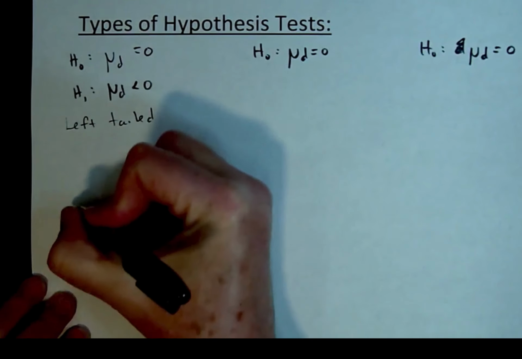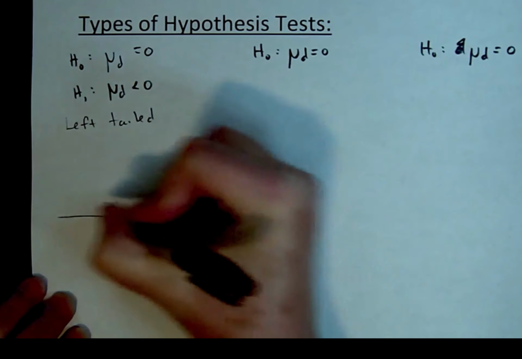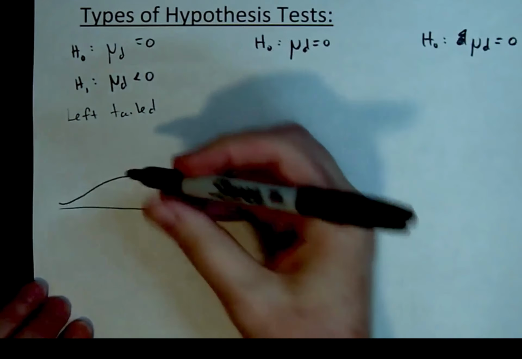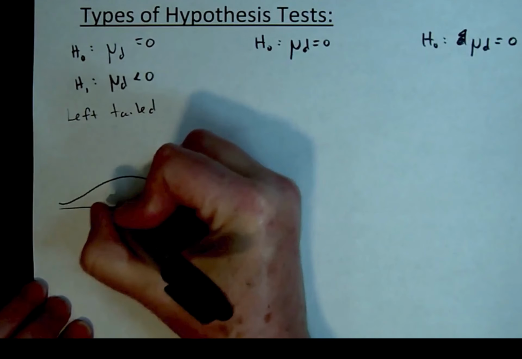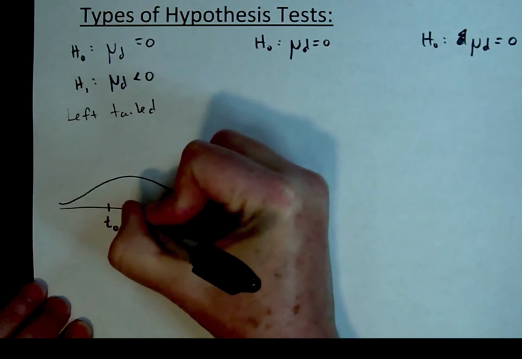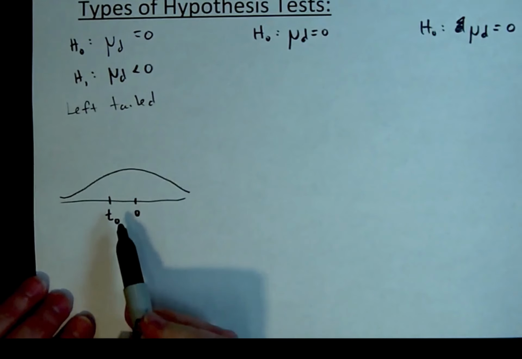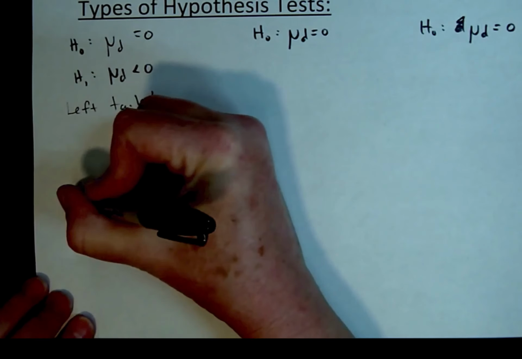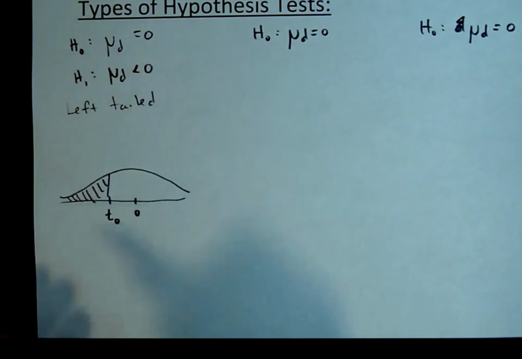And our approach is going to be to, given some test statistic, and we'll see in a minute that that's going to be a t. Okay, so the test statistic will be a t. We'll call that t naught. We're going to need the area to the left of that test statistic.